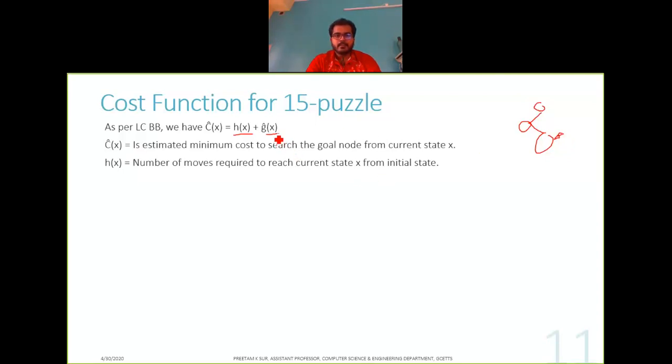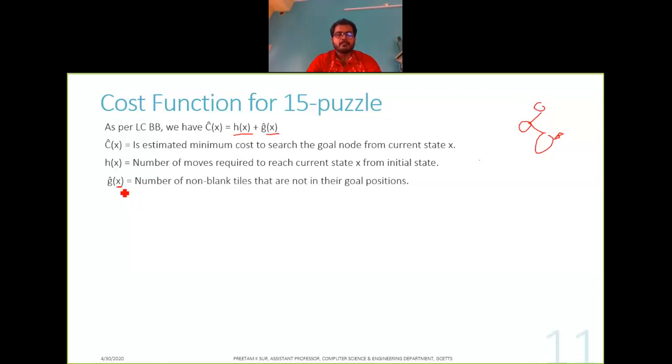And more than that, we need to define the estimated function, g cap x. g cap x is the number of non-blank tiles that are not in their goal position. We'll see an example. It means how many tiles are misplaced from their goal position. That will give us an estimate of the number of moves required to reach the answer node from the node x.